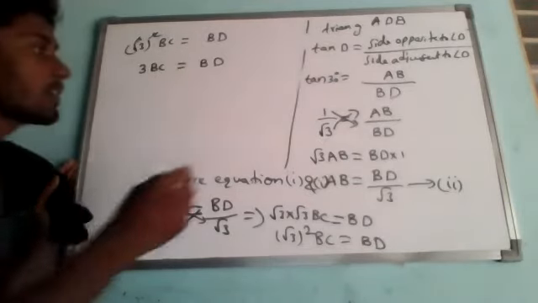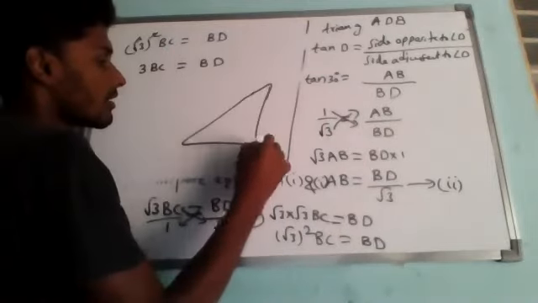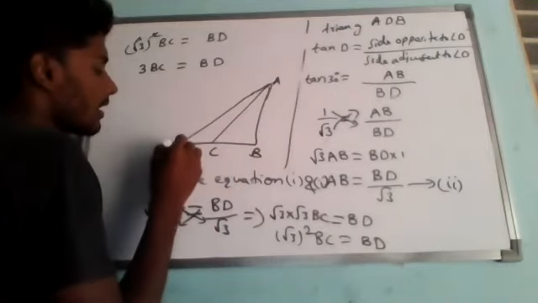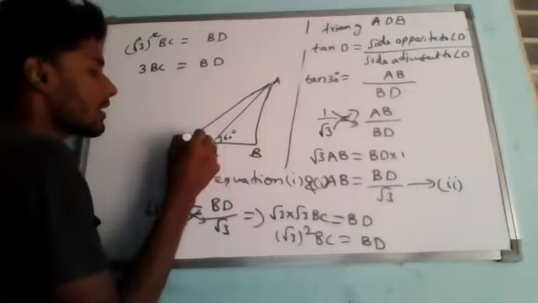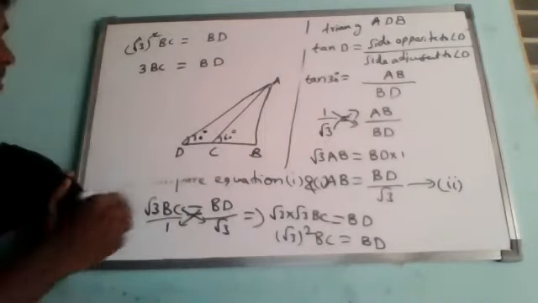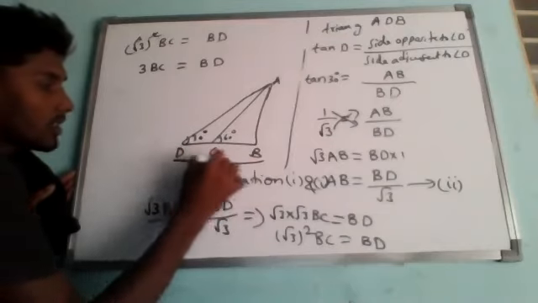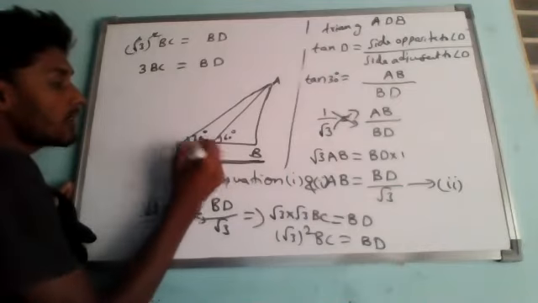Now from the figure, if you observe, this is the tower. Tower equals BA. The first elevation is at C, and the second elevation is at D. This is 60 degrees and this is 30 degrees. Now the total distance BD is a joining of two distances.